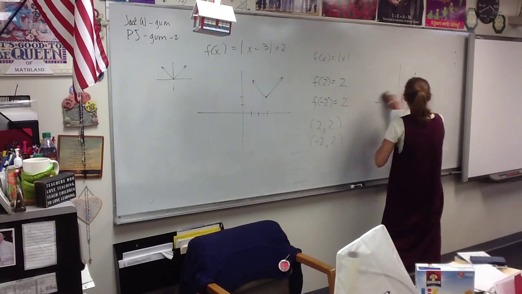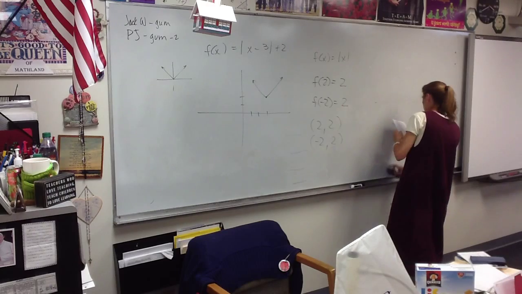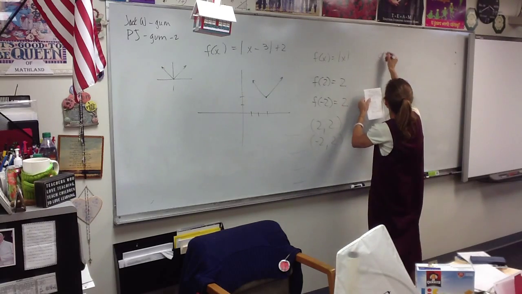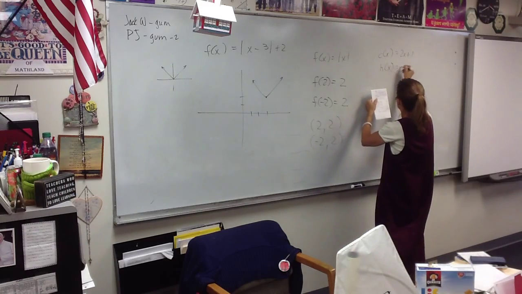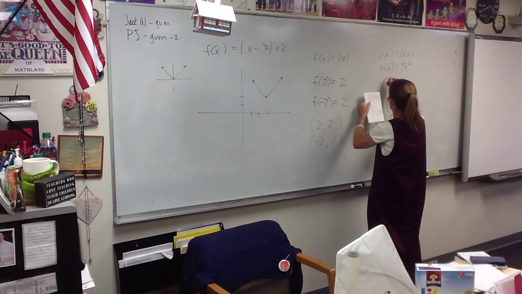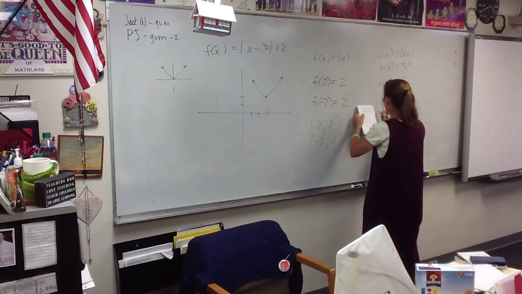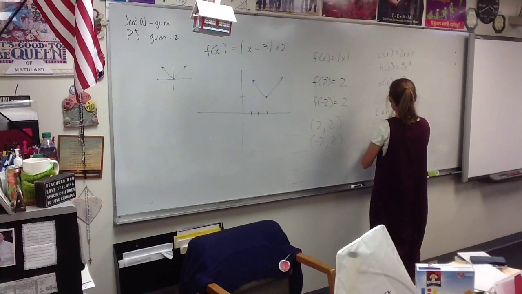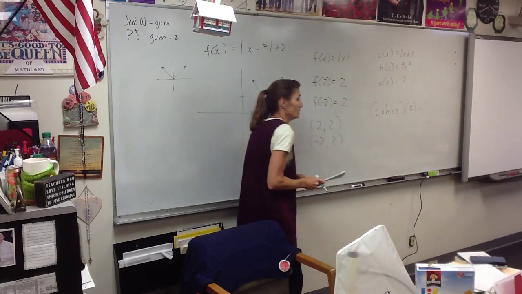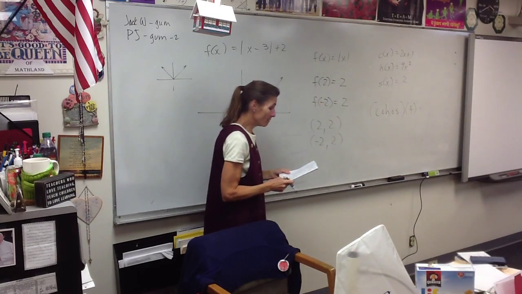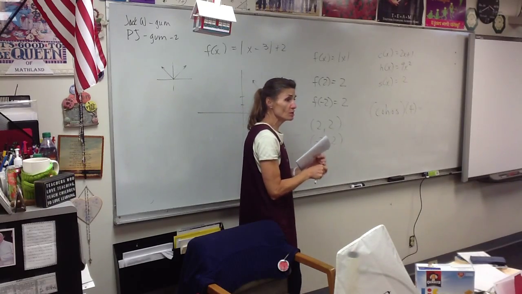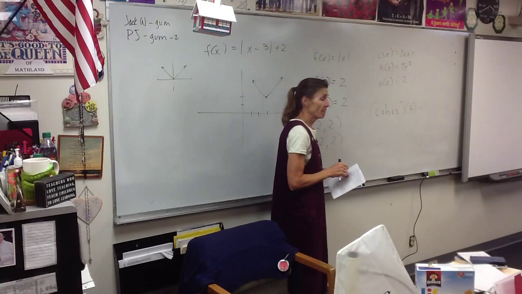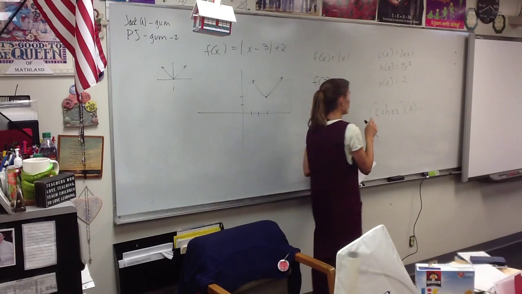All right, now we're going to do a composition. So we're going to find the composition C of H of S of 4. Now, when we talk about composition, we're just talking about doing functions consecutively. So we're going to start with which one?